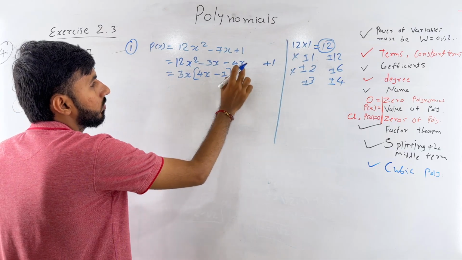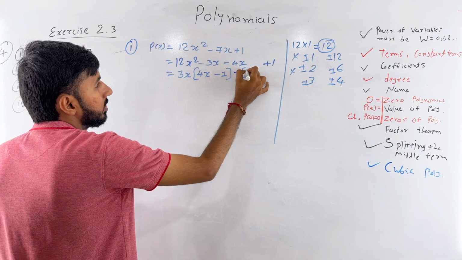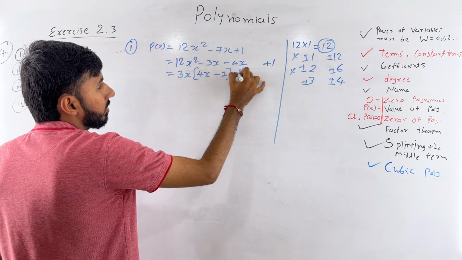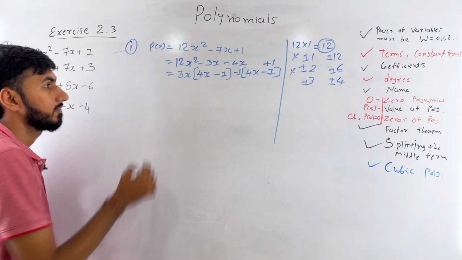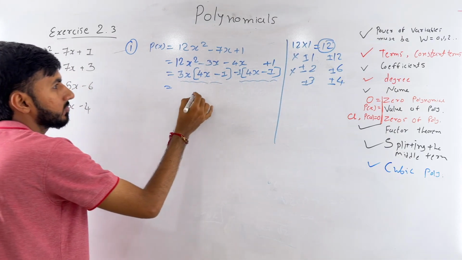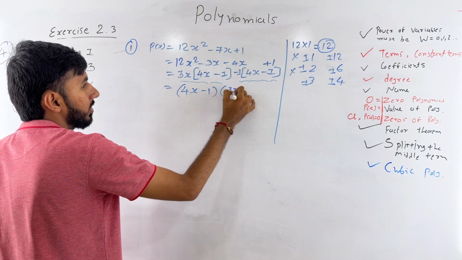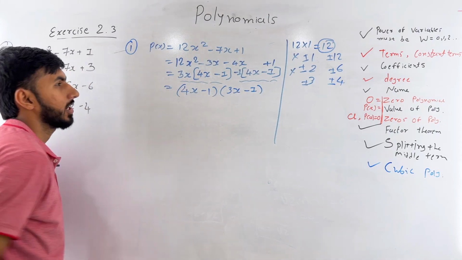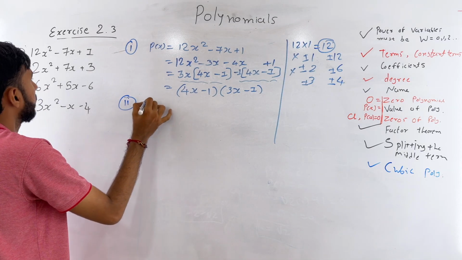So I have to take out the minus sign from these two. If I take minus 1 common, my answer will come as 4x minus 1, right? So from these two terms, I have 4x minus 1 as common, so I can take it out, 4x minus 1 in bracket 3x minus 1. This is my answer, right? Very simple and very quick.